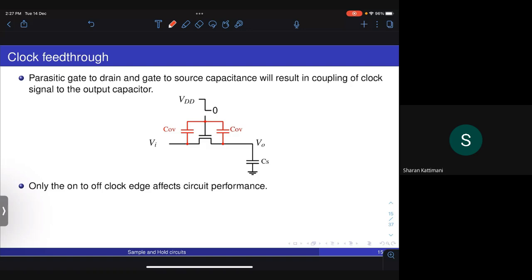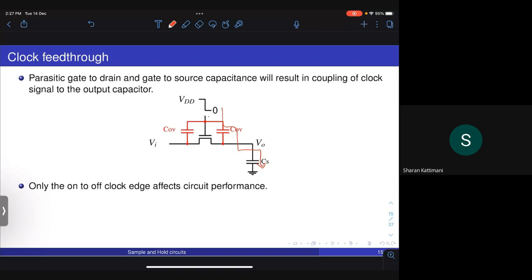So when your transistor goes from on to off, that is when the clock goes from VDD to 0, the transistor becomes off, and there is a signal coupled from the gate to the output, right? So this signal will produce an error in the sampled value.